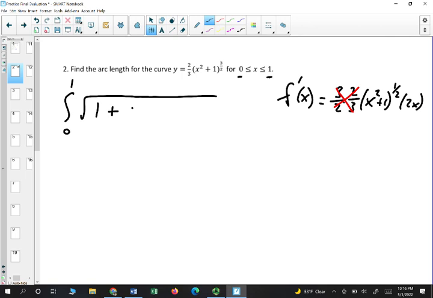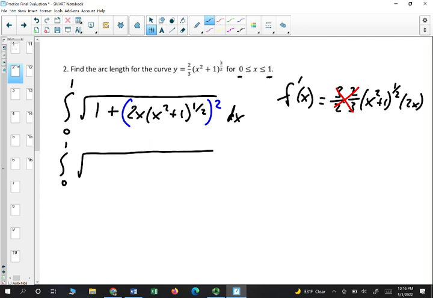Okay, so we'll have 2x times x squared plus 1 to the 1/2, and all this will be squared. Okay, so let's simplify it.